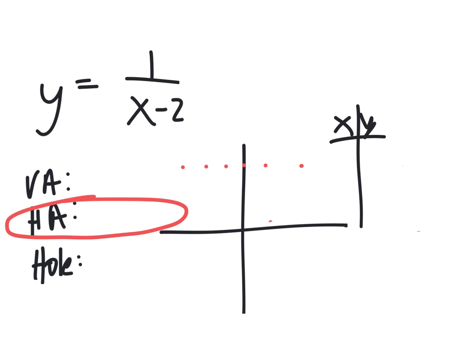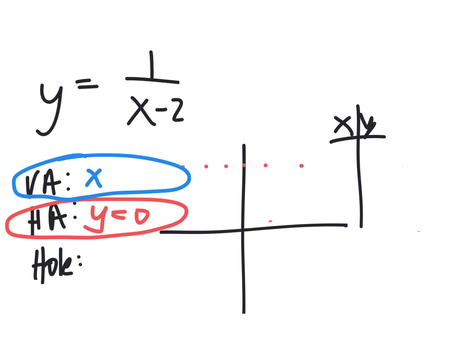Yeah, because 1 over 1000 is about 0. So y equals 0. All right, next thing, Tully, can you tell me what you did next? Found the vertical asymptote. All right, and what is it at? 2. Yes, I hope you said x equals 2.